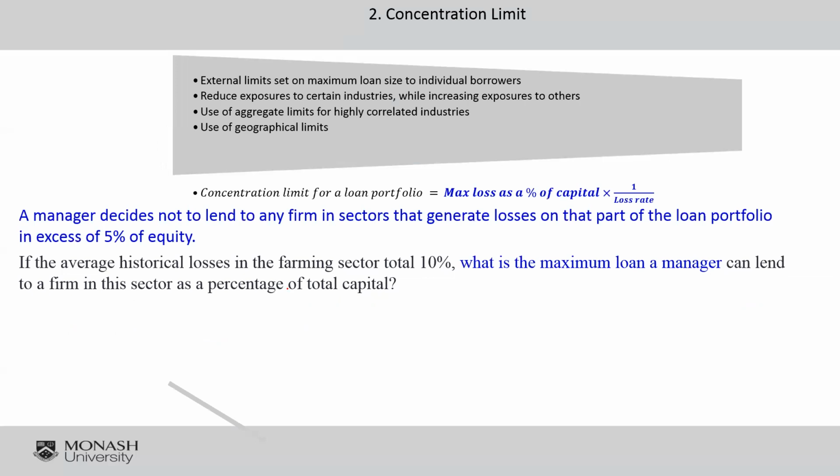Now let's go to the concentration limit. The concept of concentration limit means that if you are going to invest in industries, we have so many industries: the petroleum industry, the IT industry, manufacturing, housing. You have to put a limit on how much of your capital you want to lose in that industry.